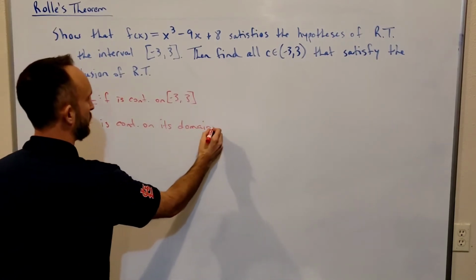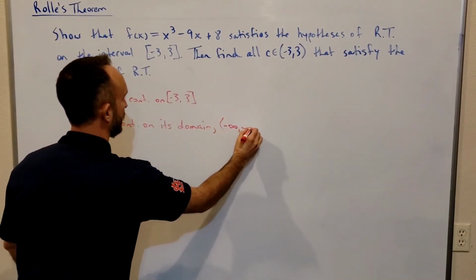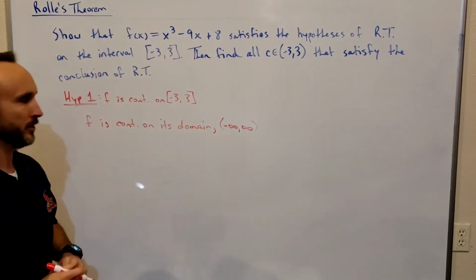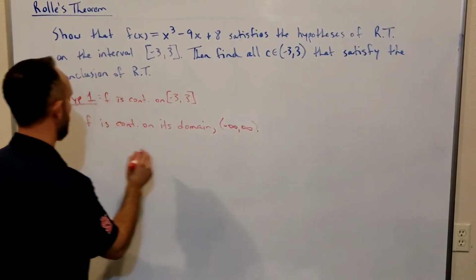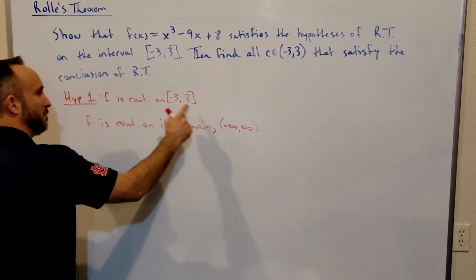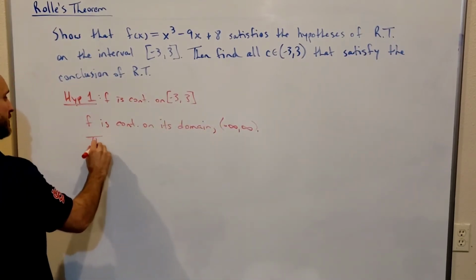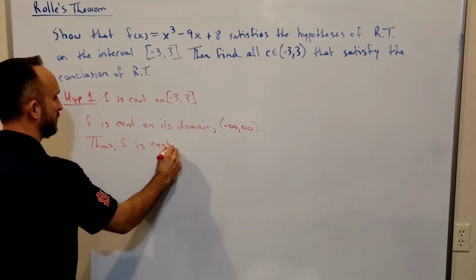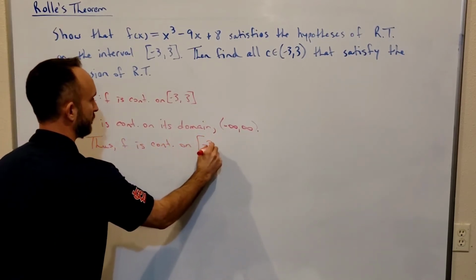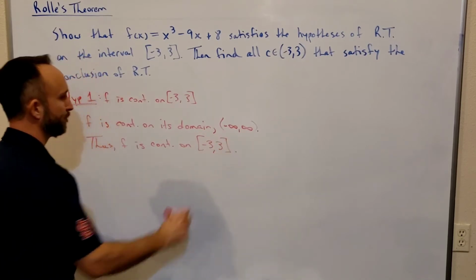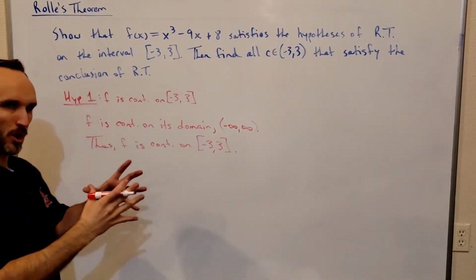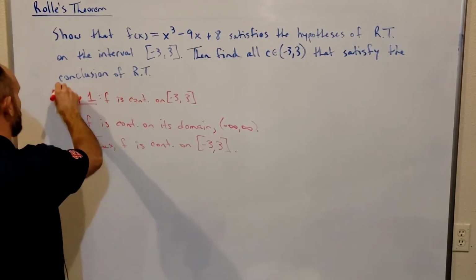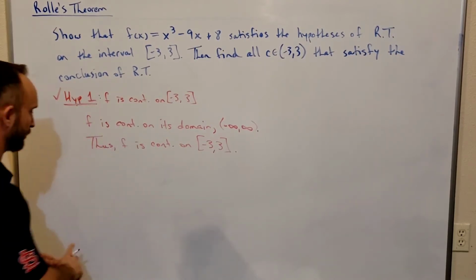It's continuous on its domain, negative infinity to infinity, right? The domain of a polynomial is all real numbers. So this interval is bigger than this interval, thus f is continuous on the closed interval. No problem, right? F has to be continuous on that smaller subinterval. So that proves hypothesis 1, okay?